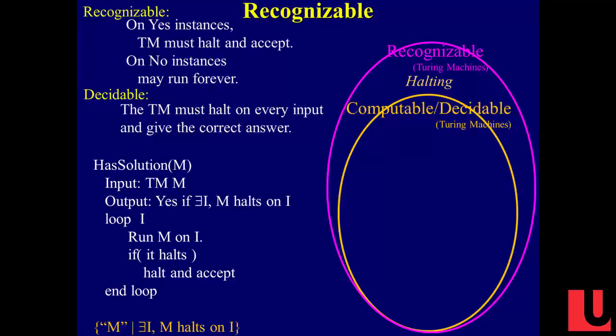But it could be a yes instance because it halts on the second input, and this thing is going to run forever. You want to make sure that it halts on every yes instance, not just trivial ones. Is everybody good with that?